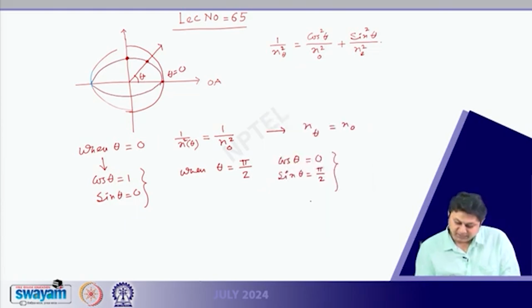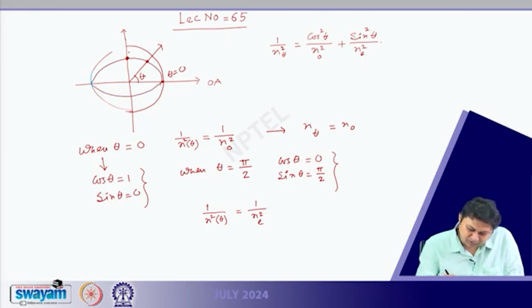So in that case we have the equation 1 by n squared, a function of theta, for the theta equals pi by 2 case, equal to 1 divided by n e square. So this value is n E, and this value is n O.